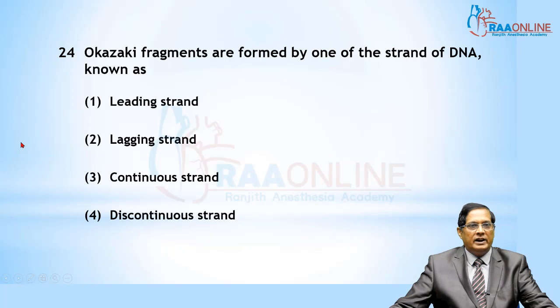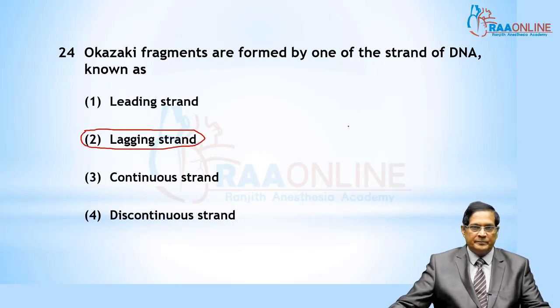Now come to the 24th question. Okazaki fragments are formed on one of the strands of DNA that is known as the lagging strand. The strand that forms Okazaki fragments is known as the lagging strand, and the other strand is known as leading.